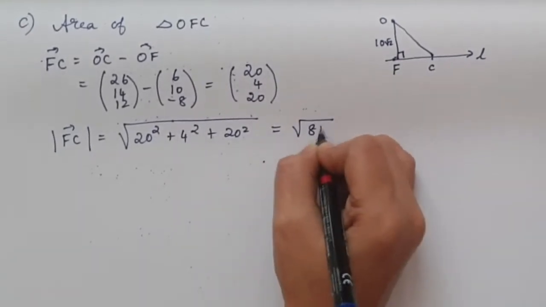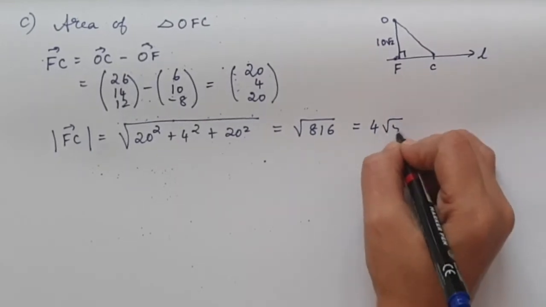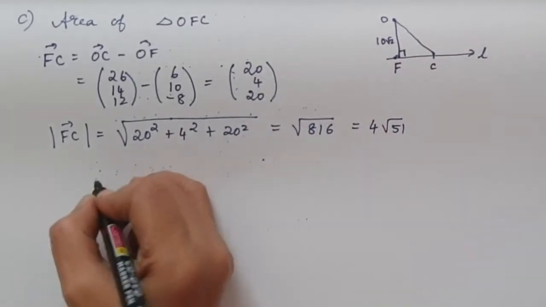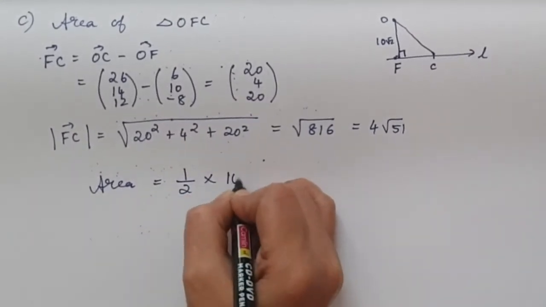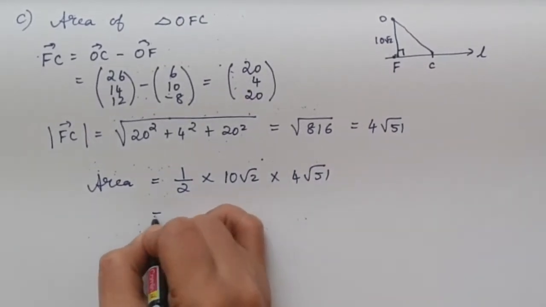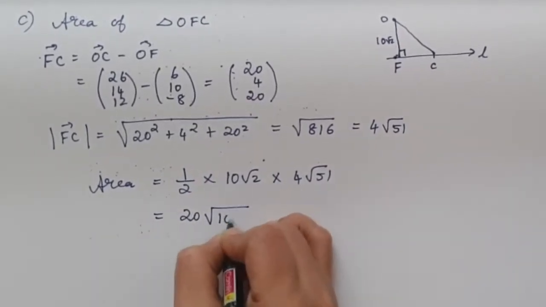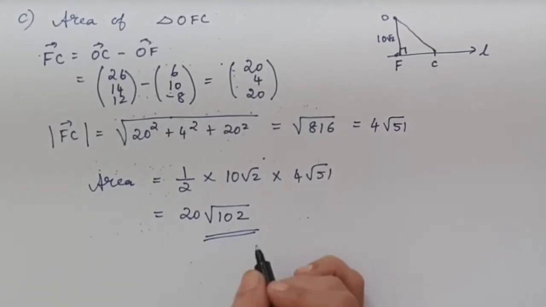That is square root of 816, which is equal to 4 into square root of 51. If you want, you can write it as a decimal as well. So area will be equal to half into 10 root 2 into 4 into square root of 51. So it will be 20 into square root of 102. This is the area of the triangle OFC.